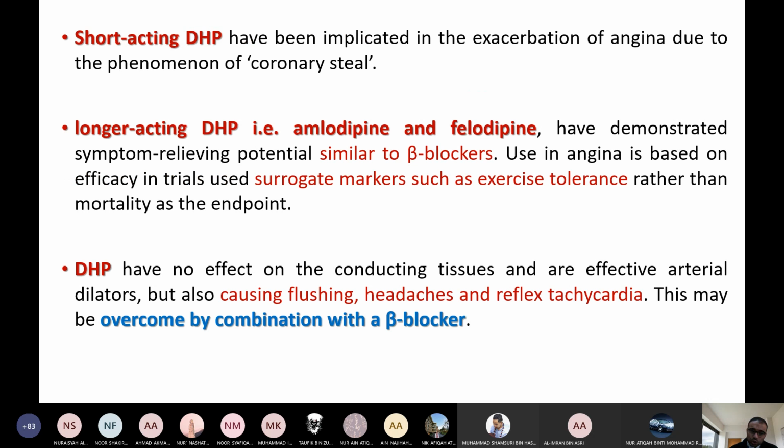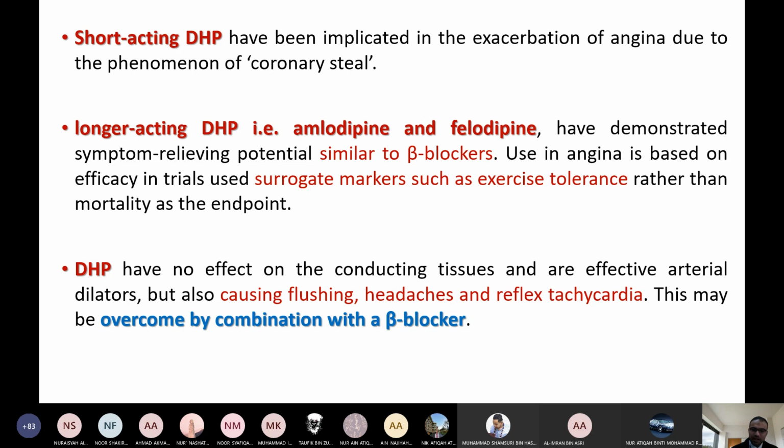So what about the short-acting dihydropyridine, meaning nifedipine, for example, one of the very famous calcium channel blockers to be offered in a hospital setting. Actually, this one used to induce exacerbation of the angina, and this phenomenon is called coronary steal.